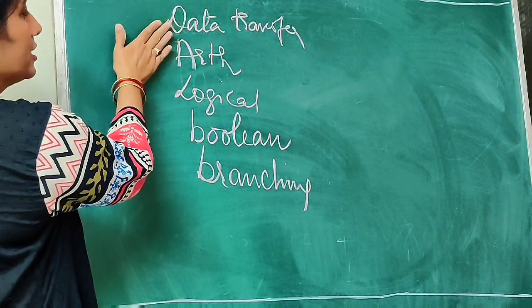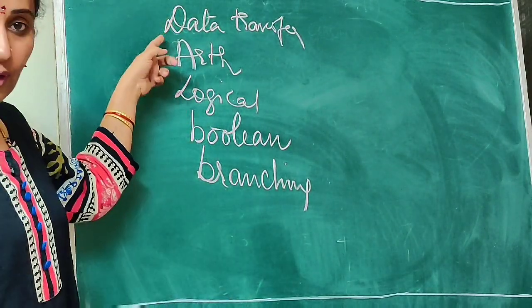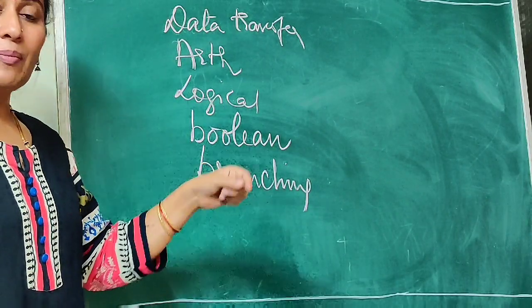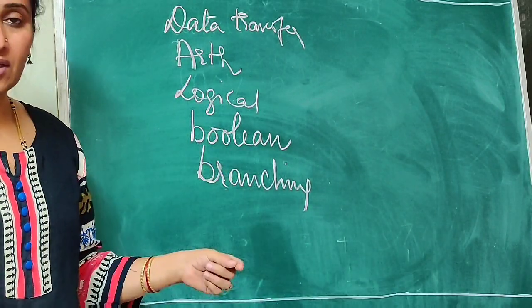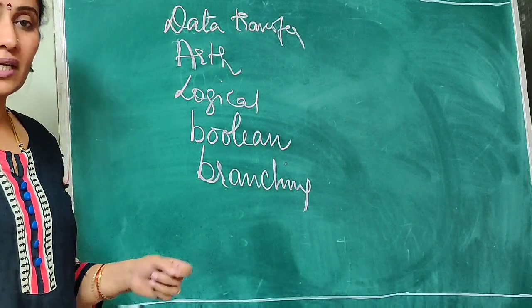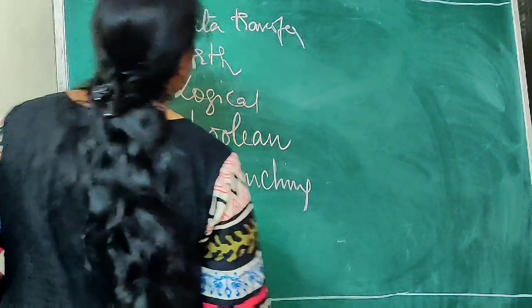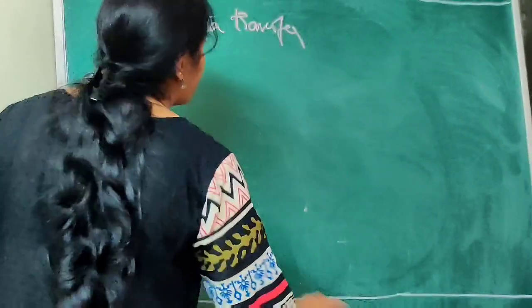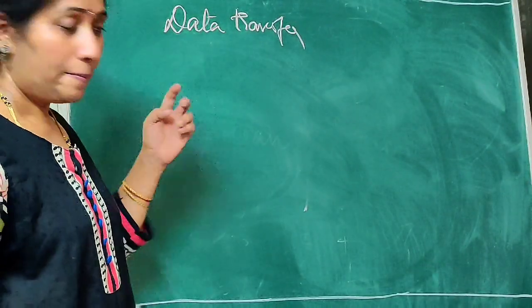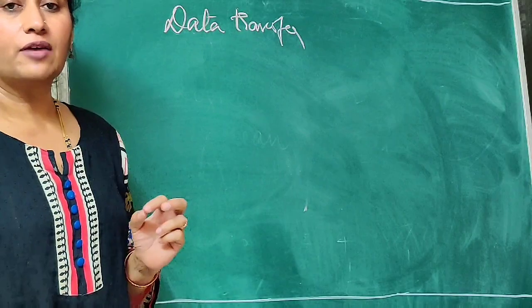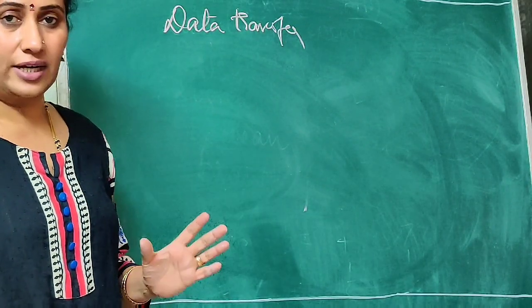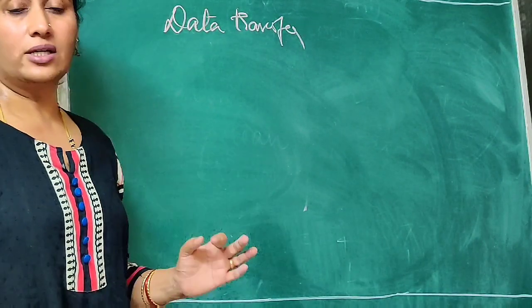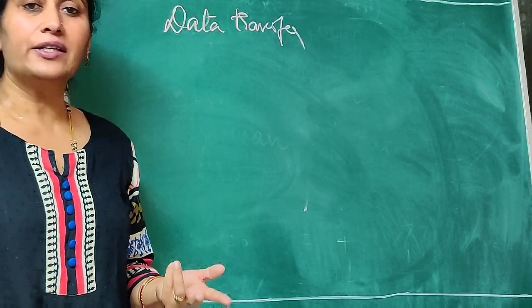While explaining the instructions which belong to the data transfer group, I am going to say about the length of the instruction and the type of the addressing mode which it is using. Okay, so now the data transfer group. As the name itself is saying, it is going to transfer the data from the source to the destination. How can I specify the source?